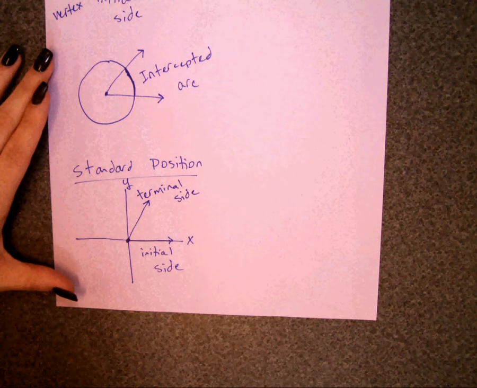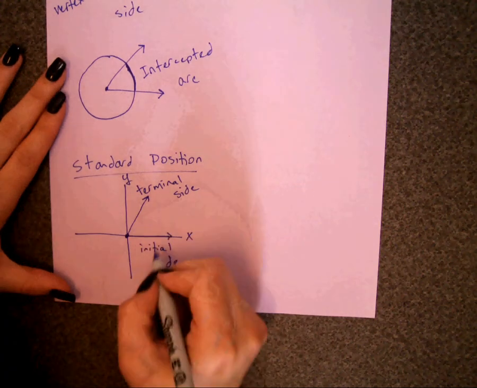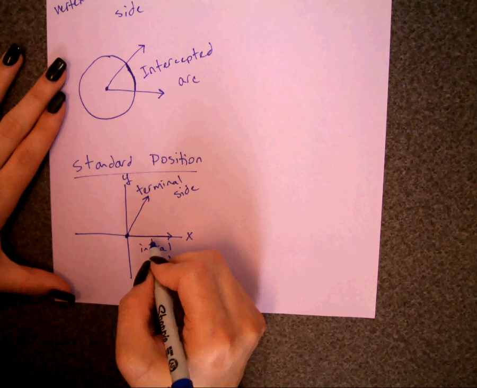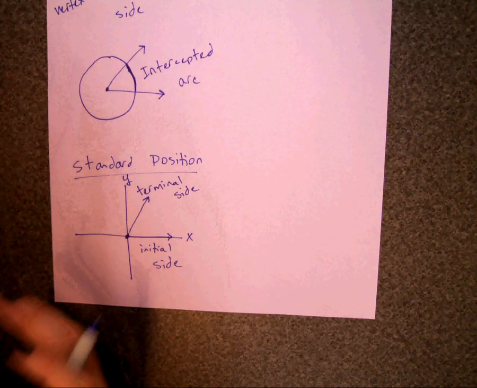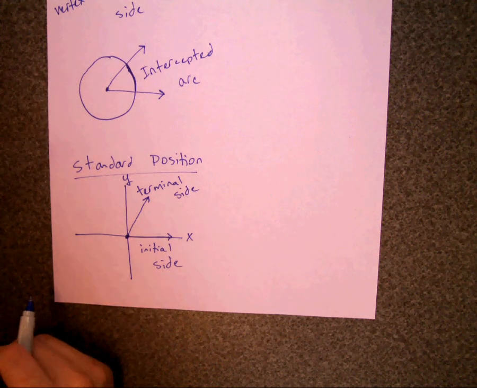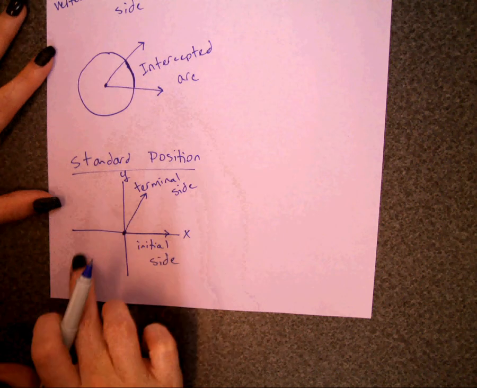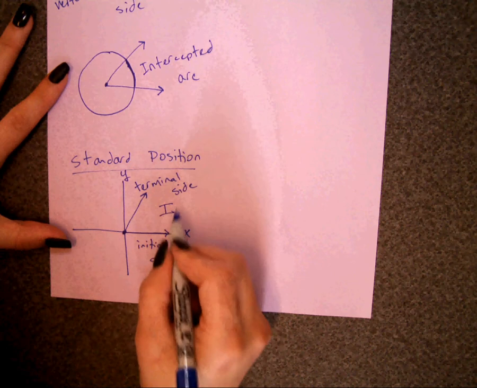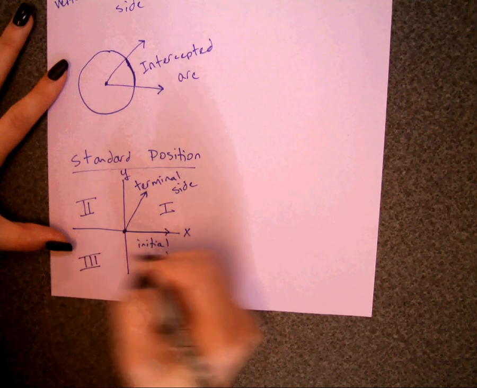Now if the terminal side of my angle goes all the way around, then I create a 360-degree angle. The four quadrants break this 360-degree angle up into 4 equal increments of 90 degrees. So each quadrant makes up 90 degrees. The first quadrant, second quadrant, third quadrant, and fourth quadrant.